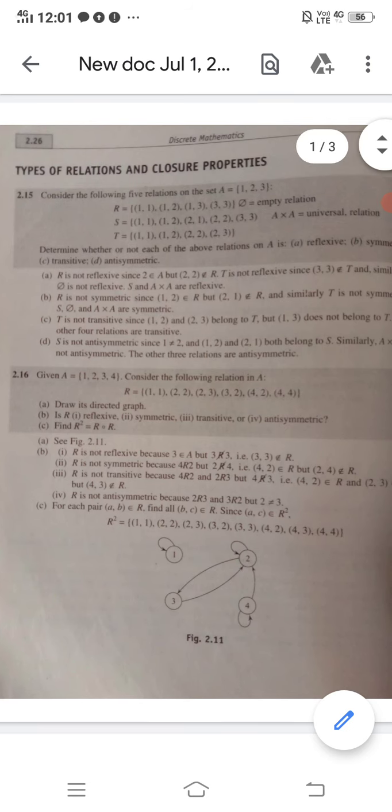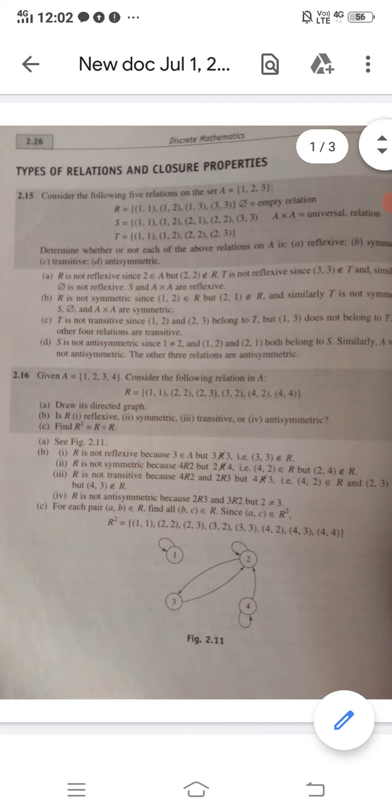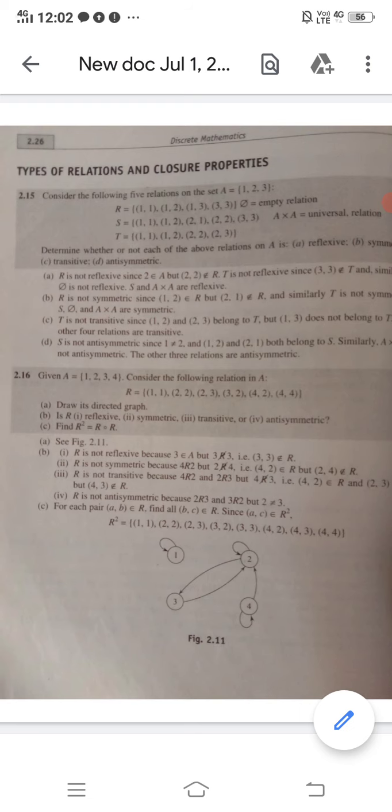So the answer will be only S and the universal relation A cross A are reflexive. So R is not reflexive, S and A cross A are reflexive.